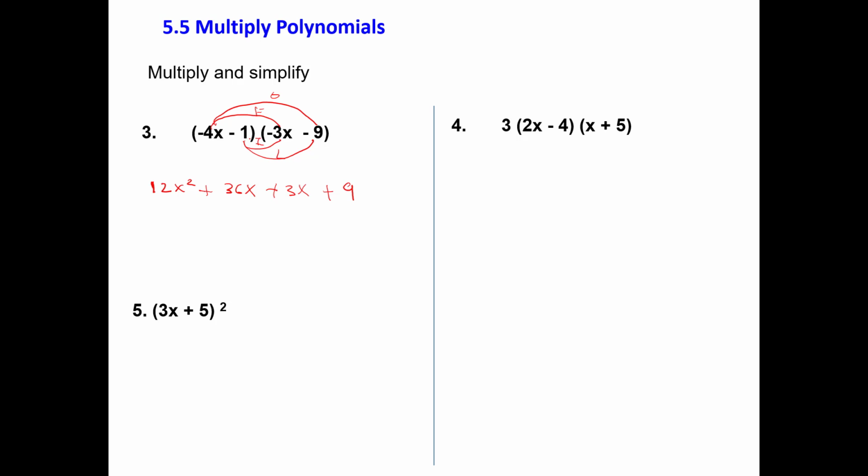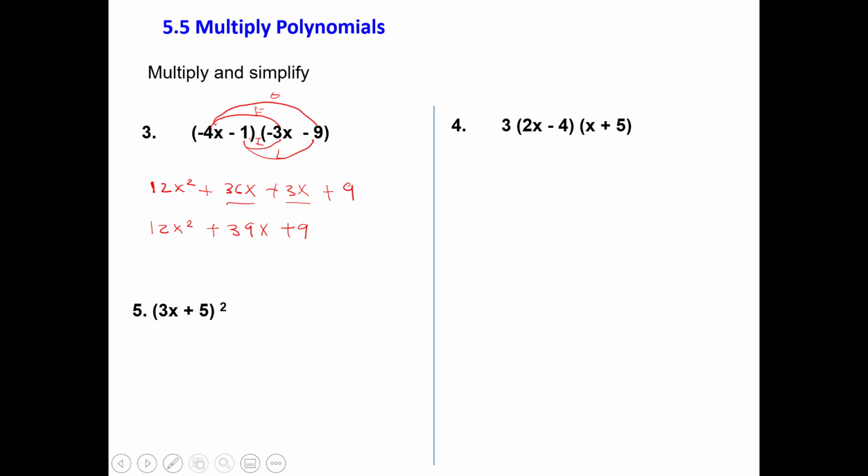Now we combine the terms if it's possible. If we combine these two terms, the final answer will be 12x to the second plus 36 plus 3 is 39x plus 9. And this is the answer.